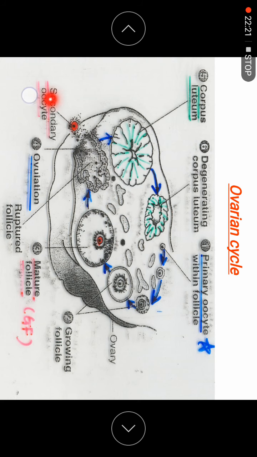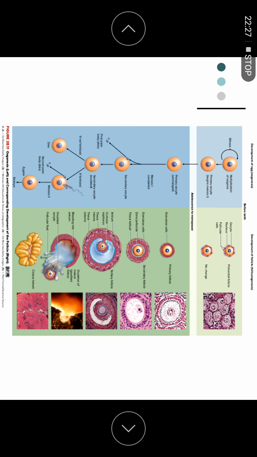The secondary oocyte will enter the fallopian tubes to be fertilized. Here is another picture, showing before birth, inside the ovary, what happens to the primary oocyte. The primary oocyte is surrounded by a follicle.